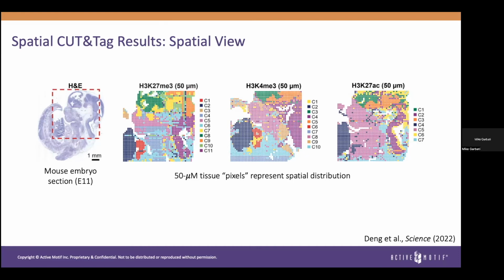Now, taking the cut and tag data from each pixel, they use Cell Ranger and Seurat to define clusters of cells with common signatures, and those are the different colors we see here. But each of these is the same map that is in the H&E stained slide on the left.